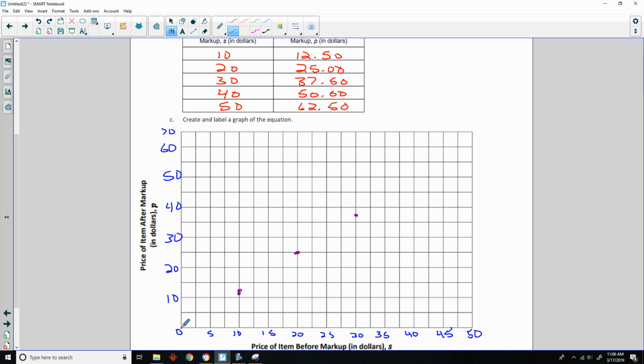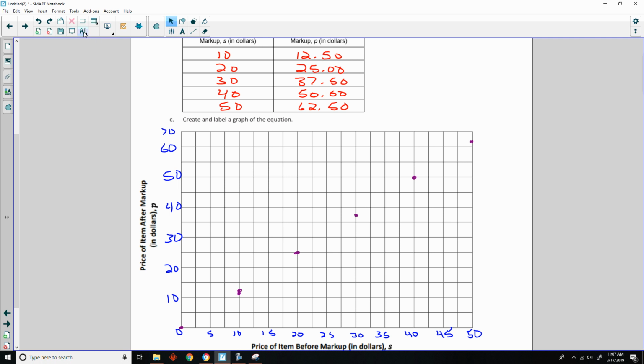This would also be half. And of course, 0 is going to be 0. And 40 was $50. And 50 was $62.50. Oops, that's 60. So I just need to move that dot up to $62.50, which is right about here.